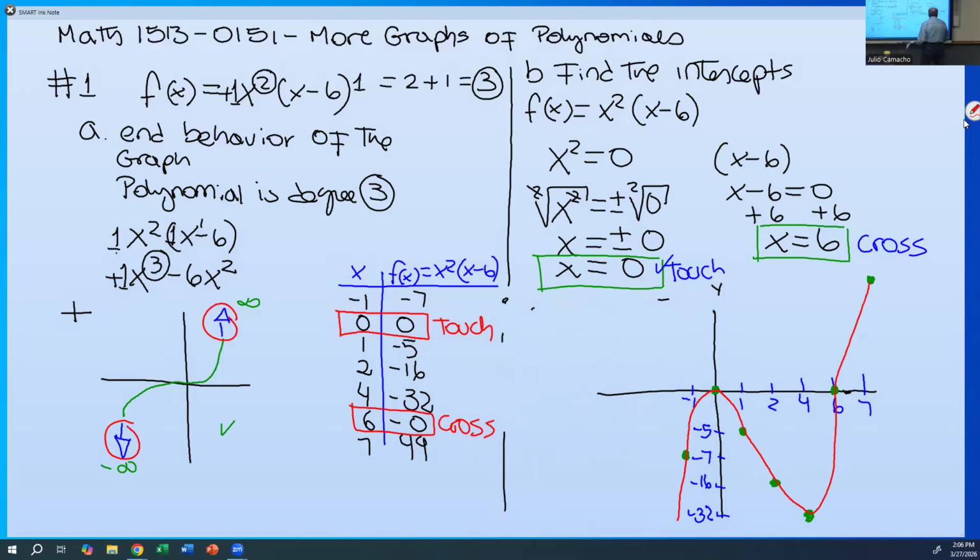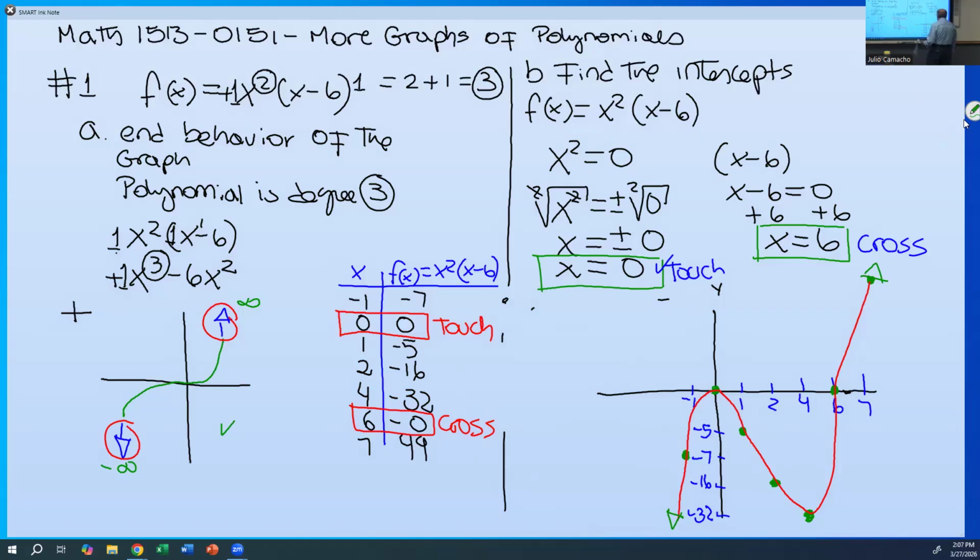That is my graph. And you can see the graph is obeying what we determined in the beginning. The graph is falling in the left and is rising in the right, as we found out when we found the behavior of the graph. And that is the graph. That is the question number 1.